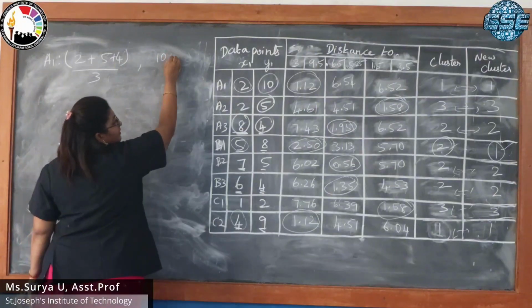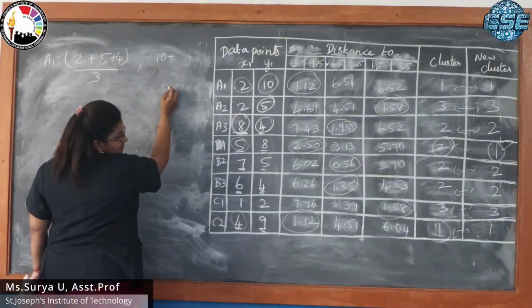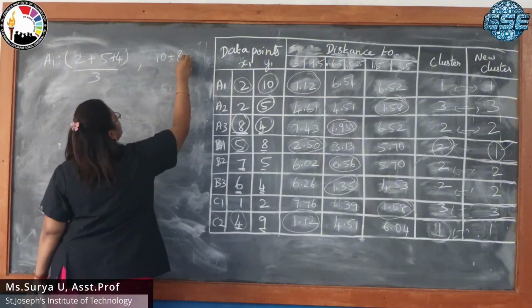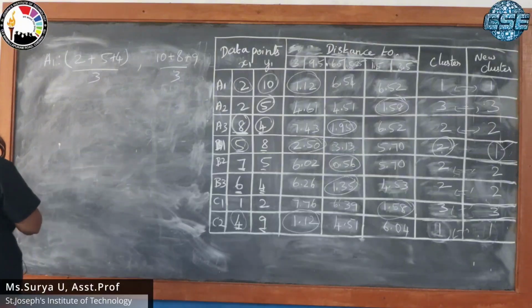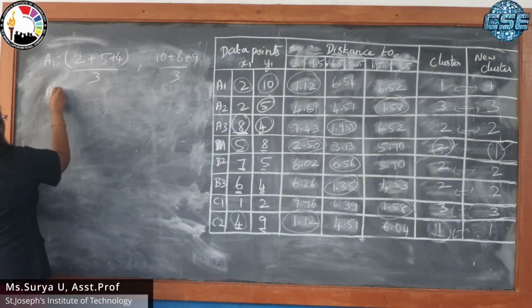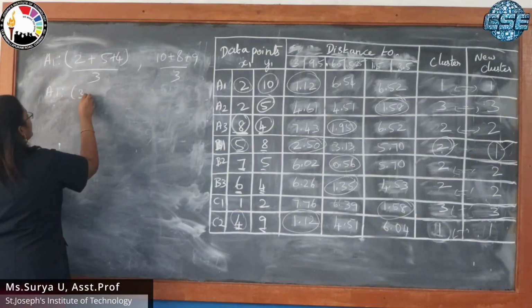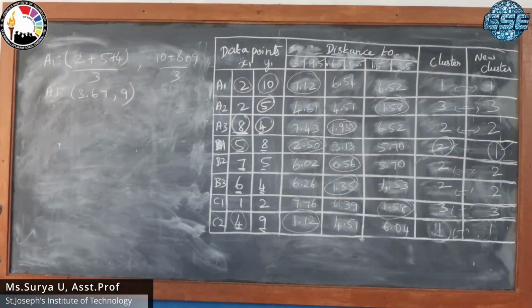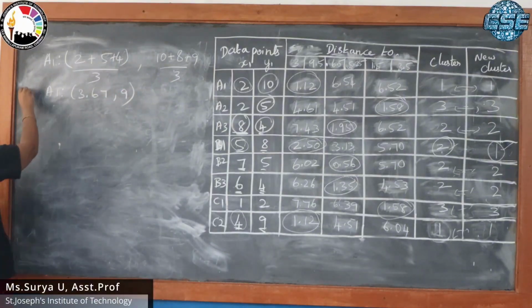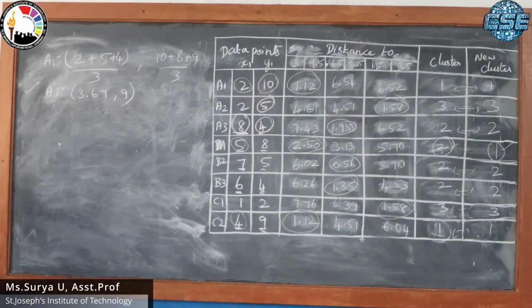Y is 10 plus 8 plus 9. So 10 plus 8 plus 9 divided by 3. Okay, what you will be getting? You will be getting A1 is 3.67, comma 9. Okay, this is your first new centroid. Again I have found the new centroid value.